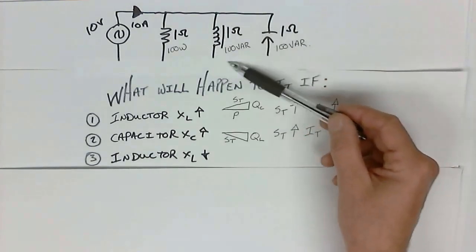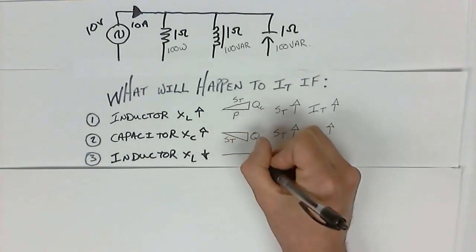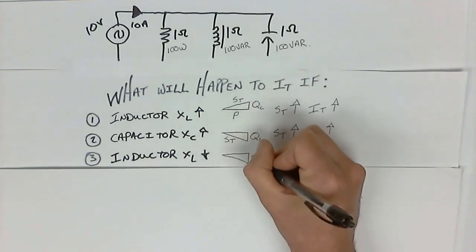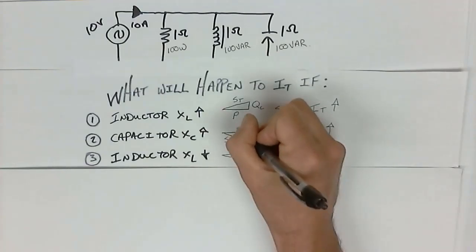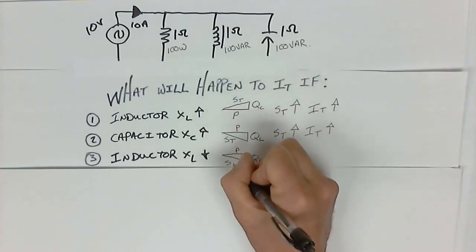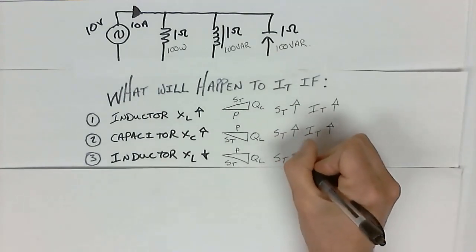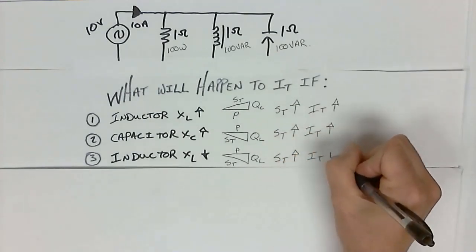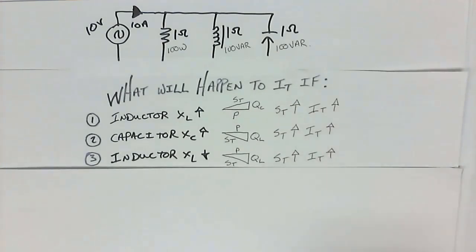Well, the VARs would get larger. And so that would mean that we would again see a larger value of the inductive VARs. Power would remain the same as it has throughout all of our different situations, and the S total would again go up, causing an increase in the total current. It would spike higher than 10 amps.